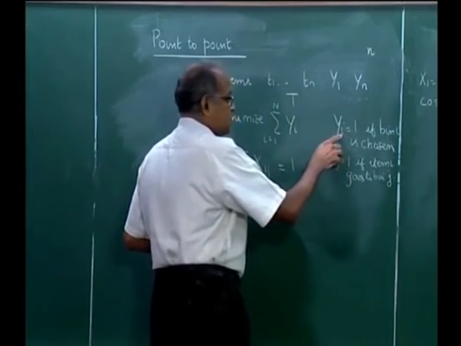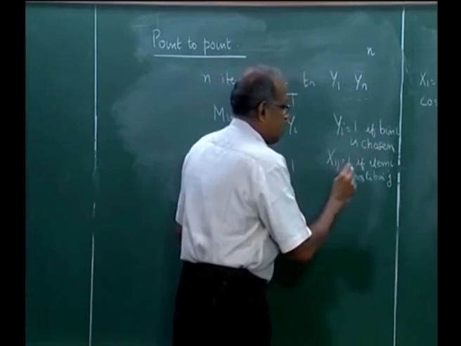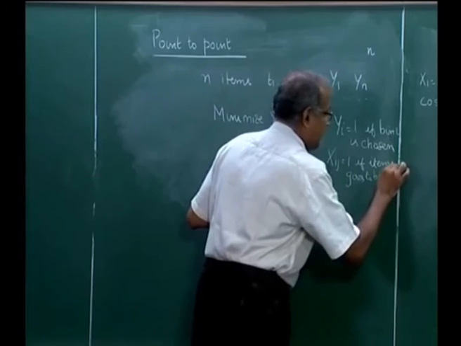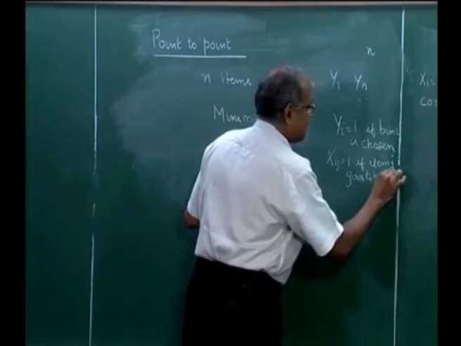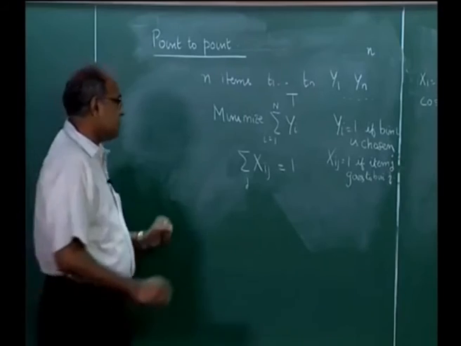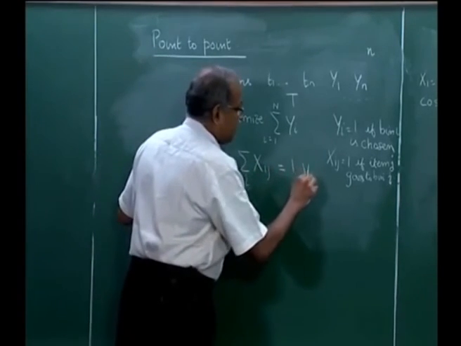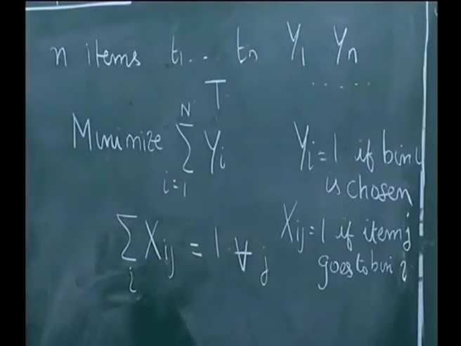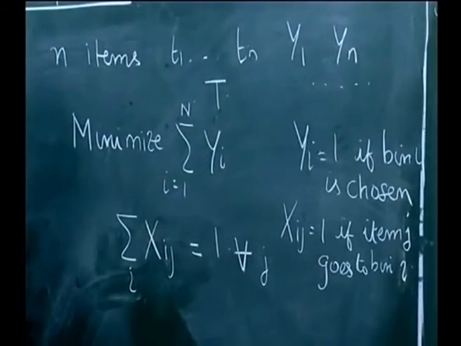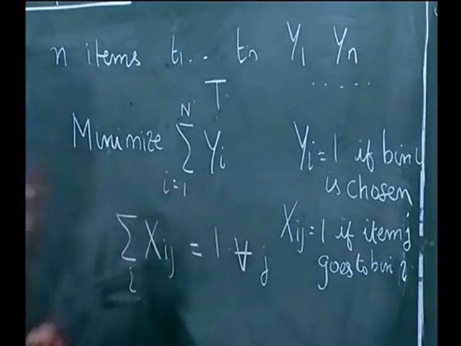I have used subscript i for the bin, so I would use subscript j for the item. So, item j goes to bin i. Summed over all the bins, sigma xij equal to 1 for every item j. So, every item j will go to exactly one bin, which is given by this constraint.